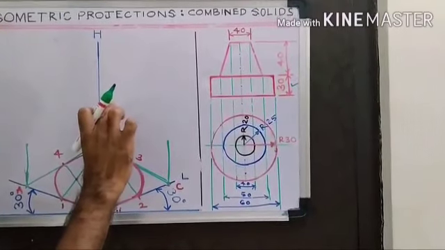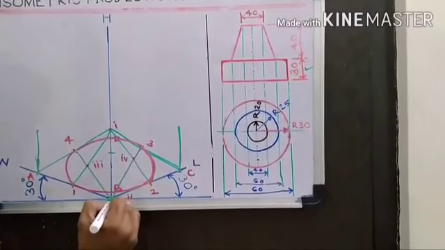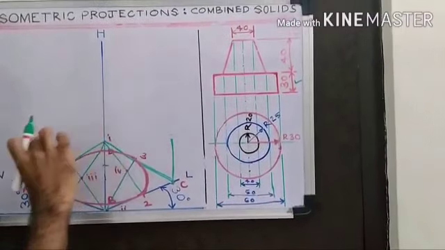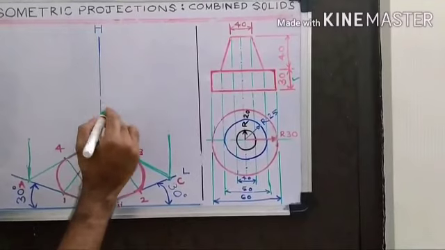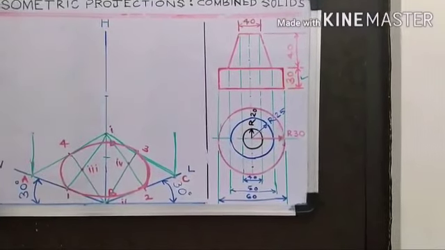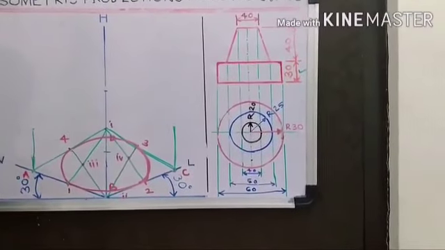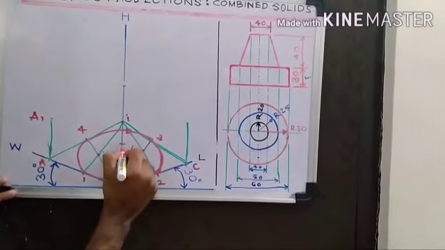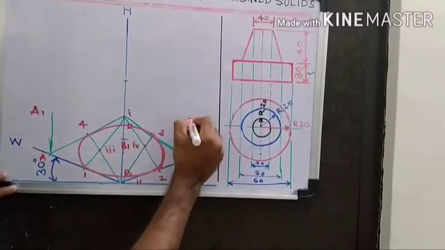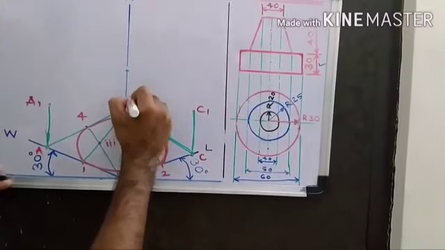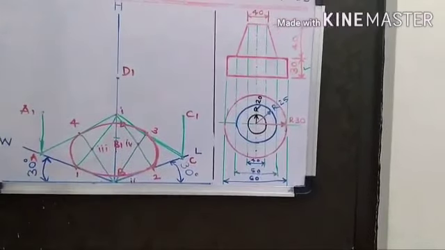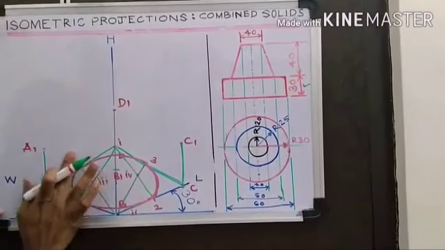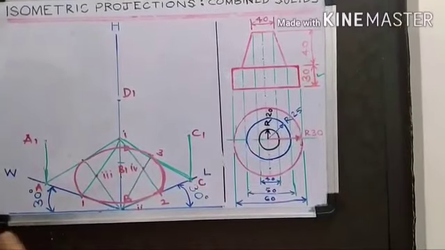This is the D point. From D, locate a point. Now again I am naming it: this is A1, this is B1, this is C1, this is the D point, therefore D1. I am joining all the concerned points as straight lines by using a drafter.